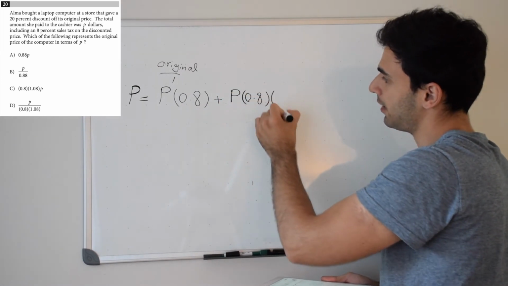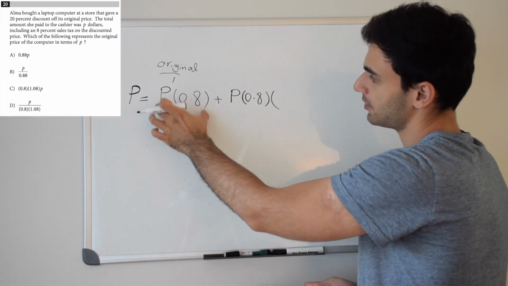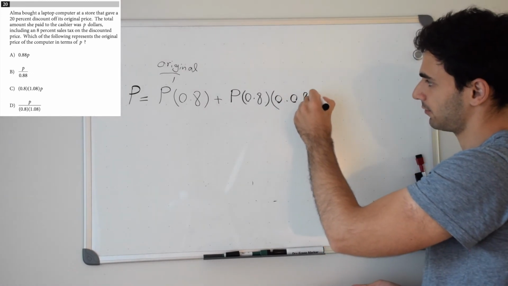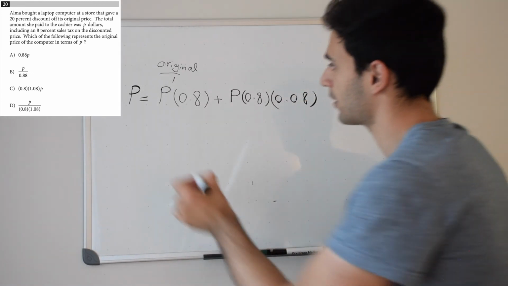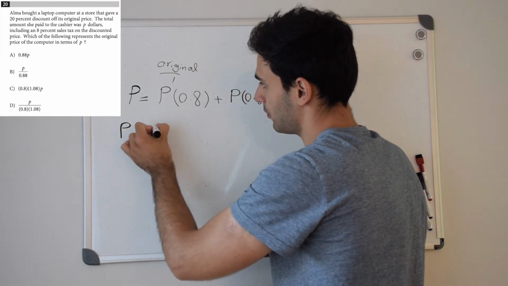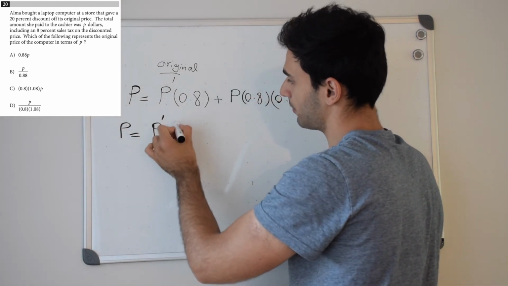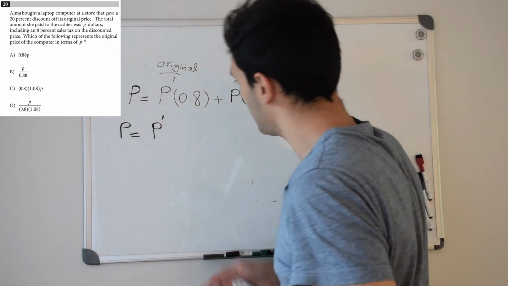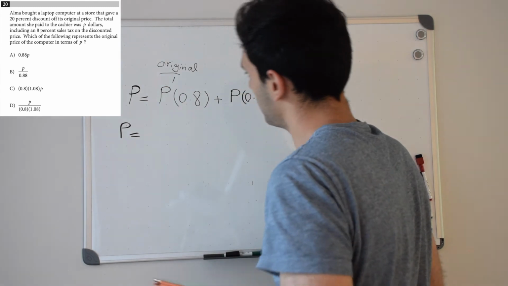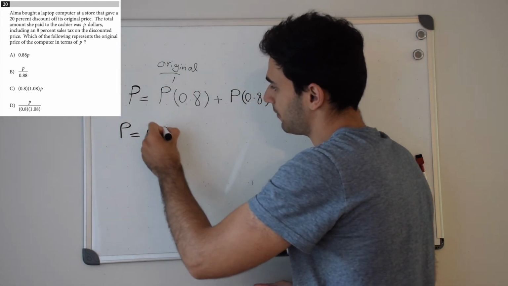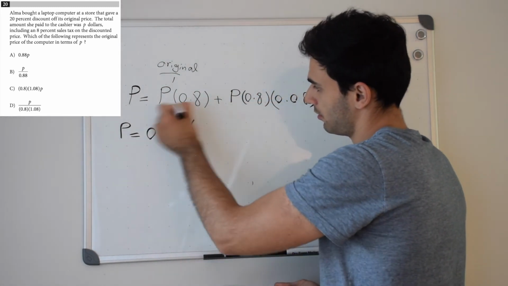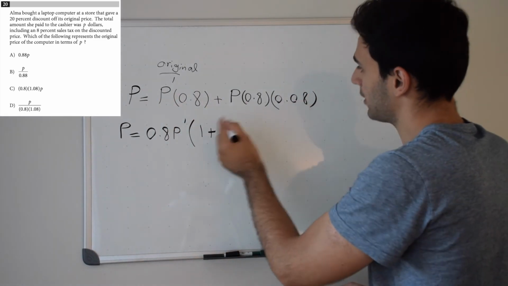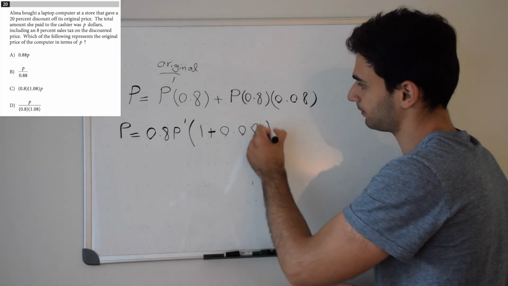So this is the amount I paid, this is the discounted amount, and I paid 8% tax, right? So my P is going to be P prime, which is the original price. I'm going to factor 0.8 P prime, right? From these two. So I'm going to have 0.8 P prime. If I factor it from this one, I'll have 1. Then plus, if I factor from this one, I'll have 0.08.